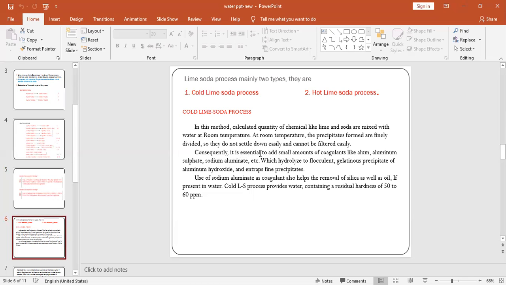Consequently, it is essential to add small amounts of coagulants like alum, aluminum sulfate, sodium aluminate, etc., which hydrolyze to flocculent gelatinous precipitates of aluminum hydroxide and entrap fine precipitates. The use of sodium aluminate as a coagulant also helps in removal of silica as well as oil if present in water. Cold lime soda process provides water containing residual hardness of 50 to 60 ppm.